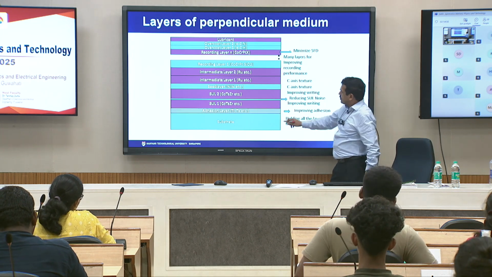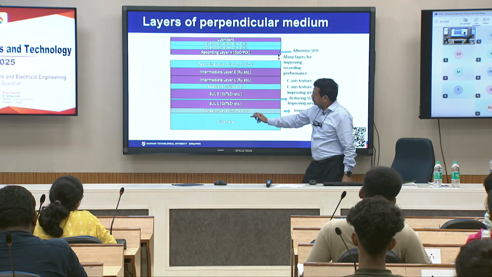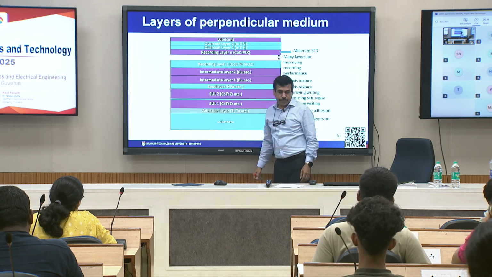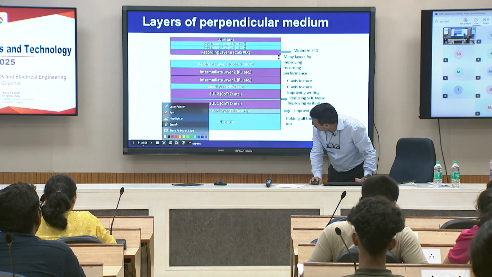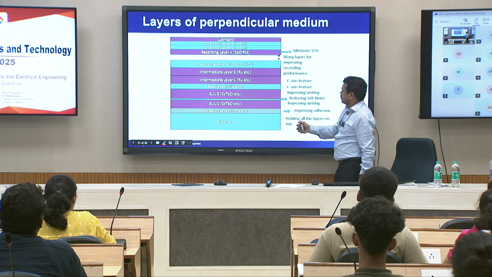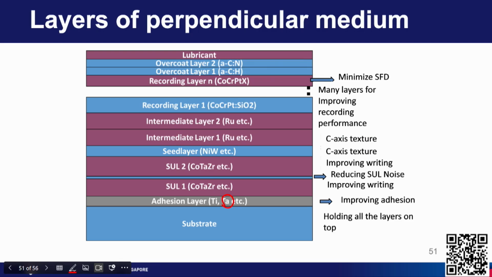So, usually we start with a layer which improves the adhesion of all the layers onto the substrate, and in hard disk drive technology, this is usually tantalum, titanium, or some alloys of titanium or tantalum. This layer is meant for improving the adhesion of so many layers onto the disk substrate. You want some solid platform to hold all the layers at the top. So, that is why we have a substrate.